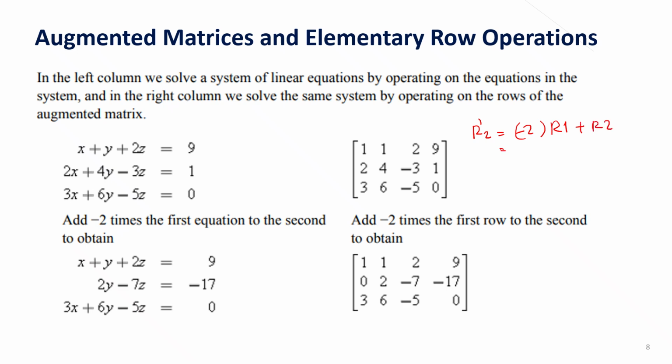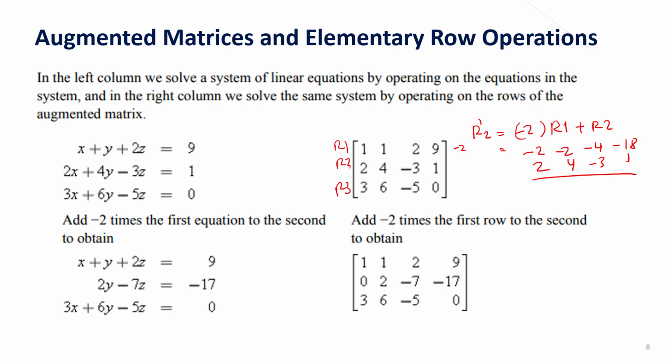So if you see here, the original row 1, row 2, row 3: the original row 1, if you multiply this by minus 2, you will have minus 2, minus 4, minus 18, right, and you plus it with the original row 2, 2 4 minus 3 1.